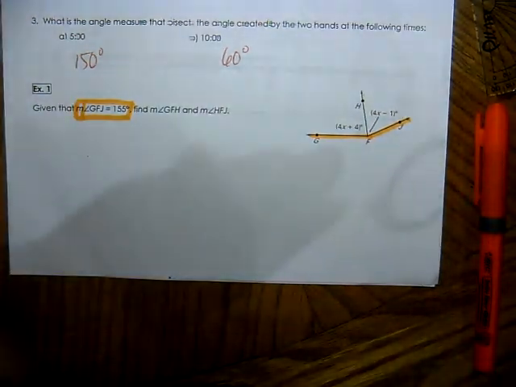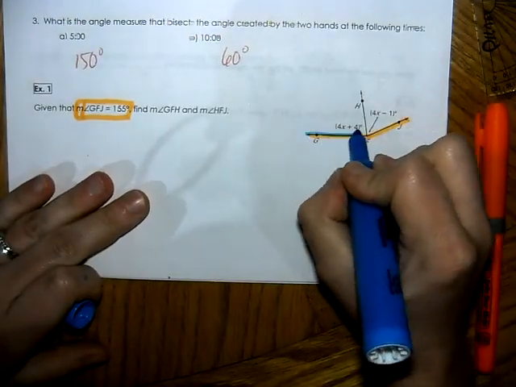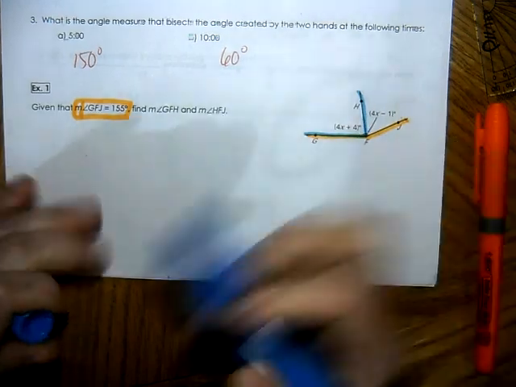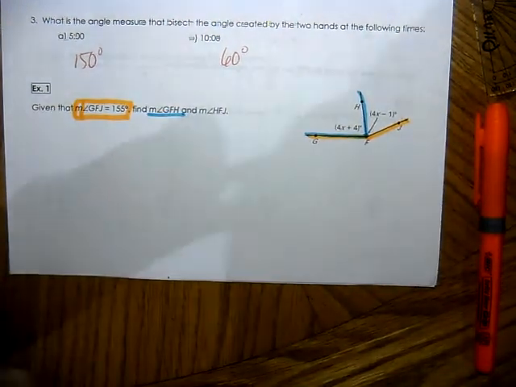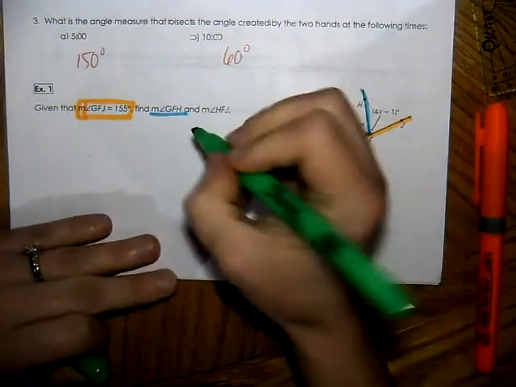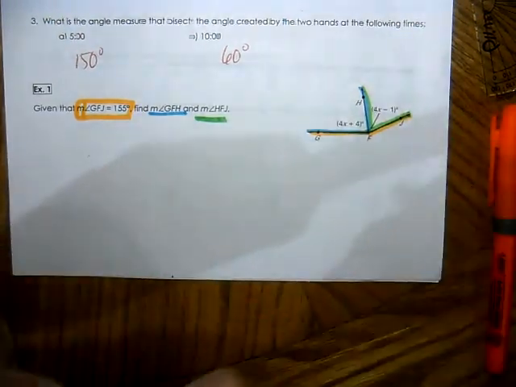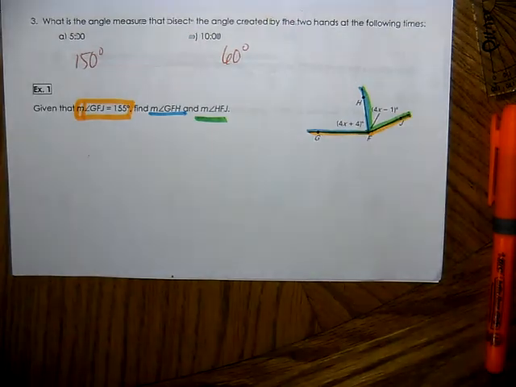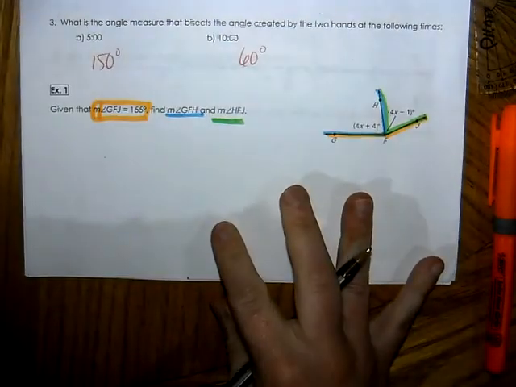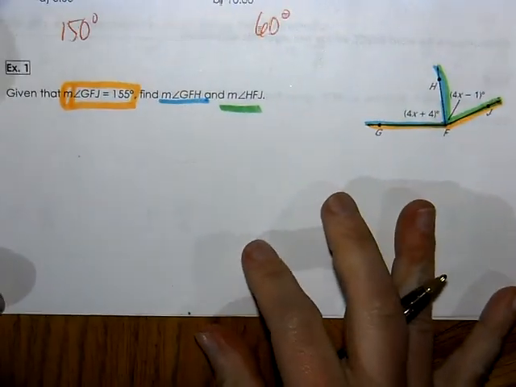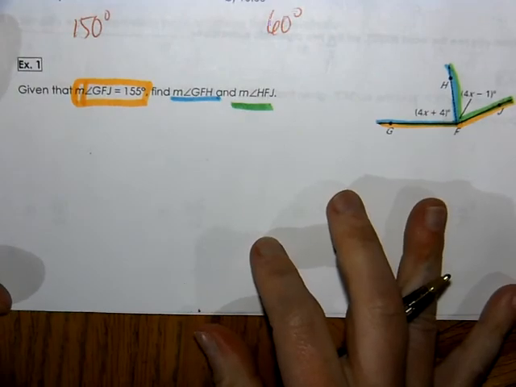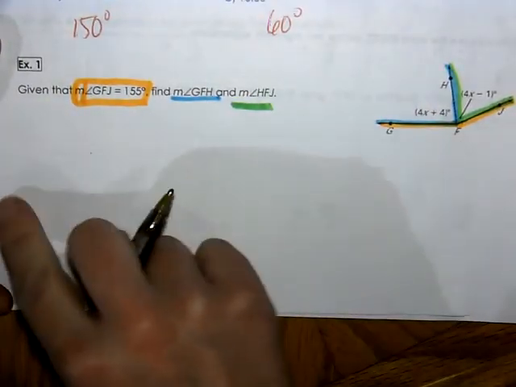So there are 2 angles in here. This is an application of the angle addition postulate, which said part plus part equals whole. Now, anywhere in this problem, do you see the word bisect? No, bisect is not in here.